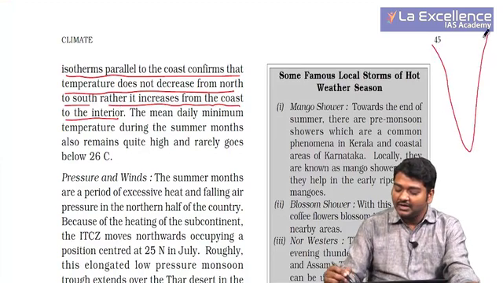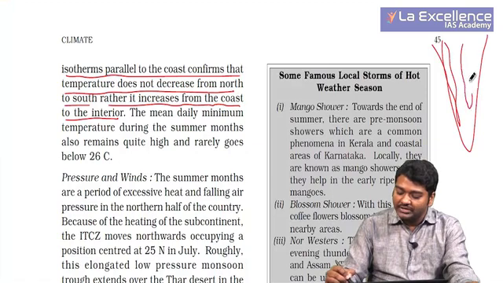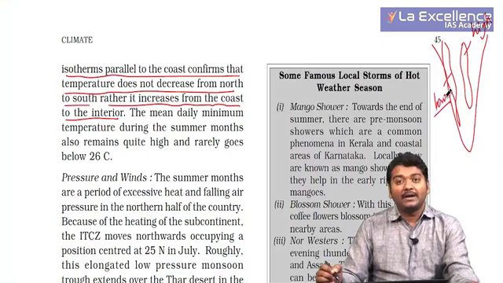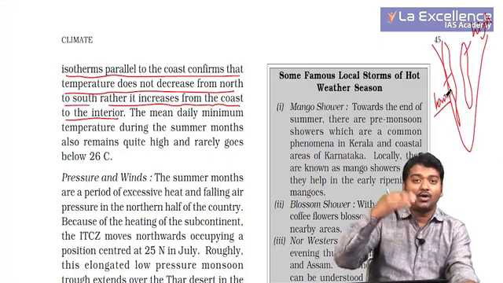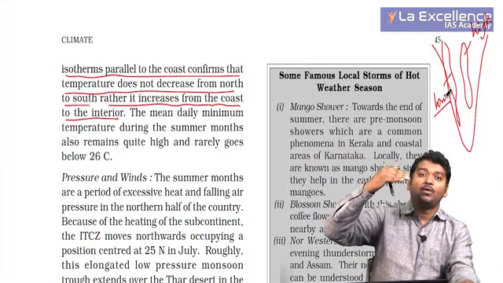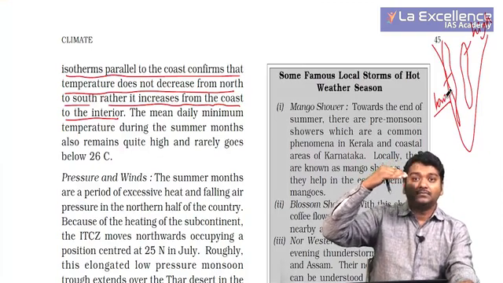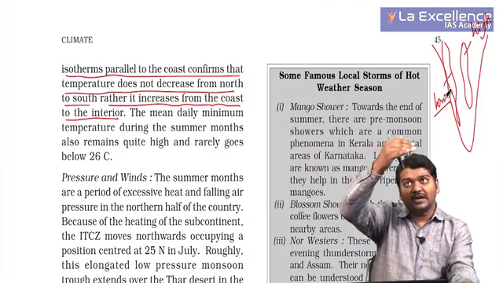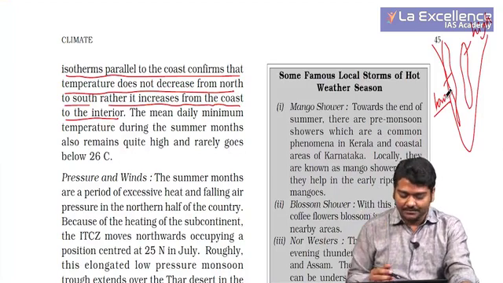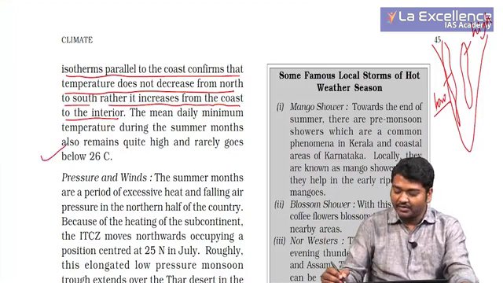If you take the Indian coast, temperature will be less here, but once you go deep inside, it will be high. But when we look at the northern plains, it will be more near the northern plains, and once you come down it will be less, right? This is very, very important for us.